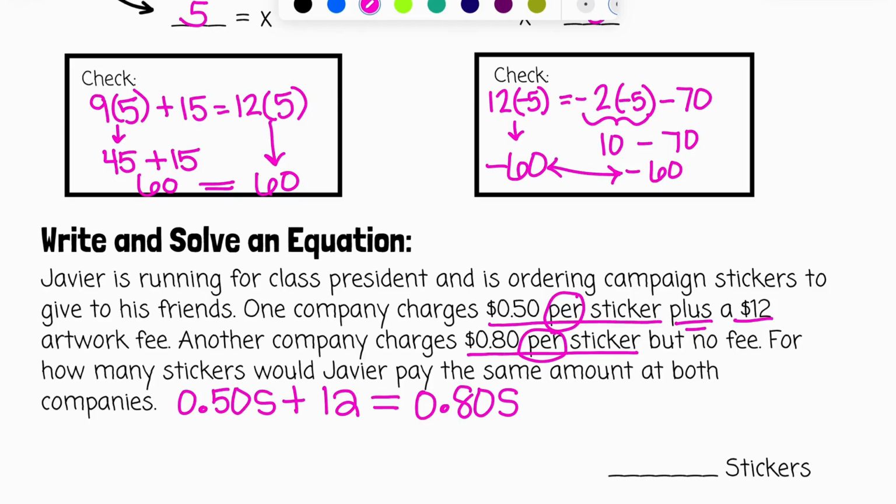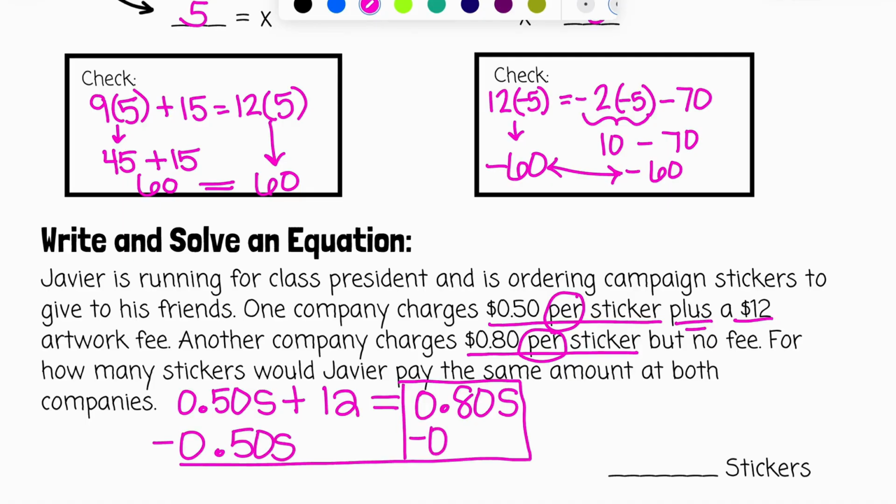So box the term that is by itself. That's going to be the 80S, or 0.80S. Okay, if I box an S, I have to move an S. So I'm going to subtract 50 cents S. Okay. Zero pair there. So I have 12 equals 80 cents minus 50 cents is 30 cents.